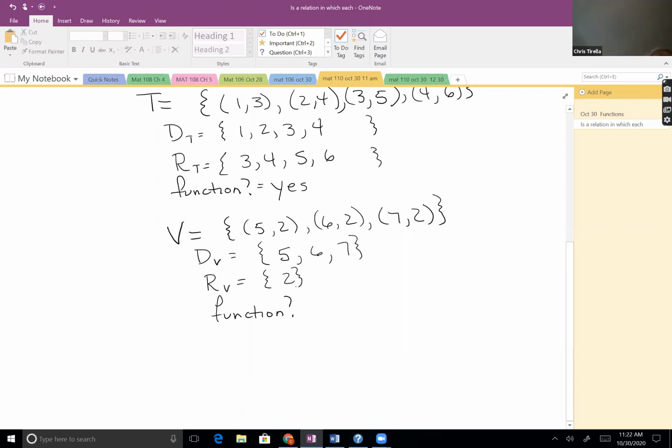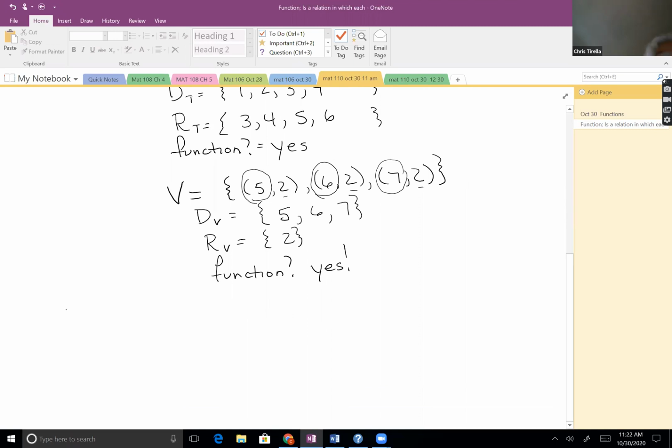Is it a function? You might say no because 2 repeats itself, but that 2 is a y value. To decide if it's a function, I'm just looking at the x values, and none of the x values repeat. So this is a function. In order to be a function, x's cannot repeat. It's okay if y's repeat, but x's cannot repeat.